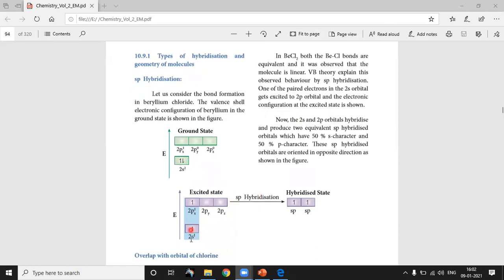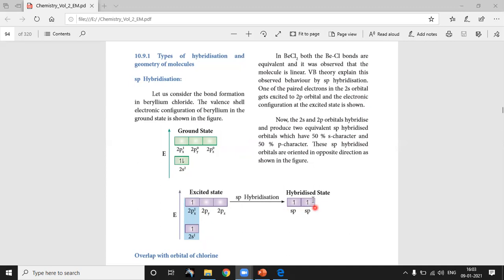In the 2s there are totally 2 electrons, right? So what we are doing, we are shifting one electron, that is exchanging one electron. So in the ground state the 2s orbital has 2 electrons. In the excited state, they won't have any electron. So we are exchanging one electron from the s orbital to the p orbital so that we are getting the shape of sp.